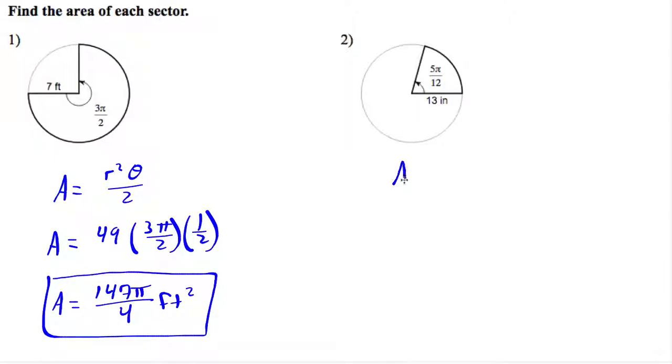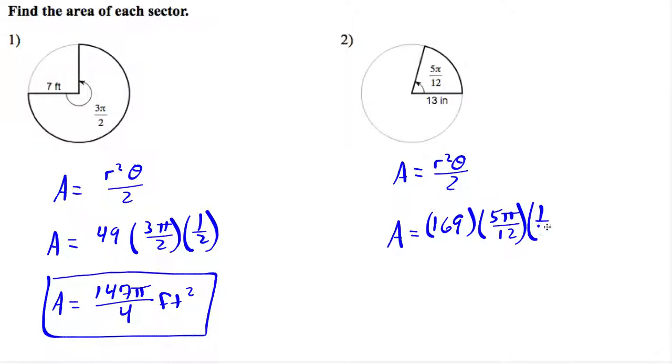For number 2, we use that same formula, r squared theta over 2. So the area is going to be 169, that's r squared, times theta, which is 5 pi over 12, divided by 2, or times 1/2.